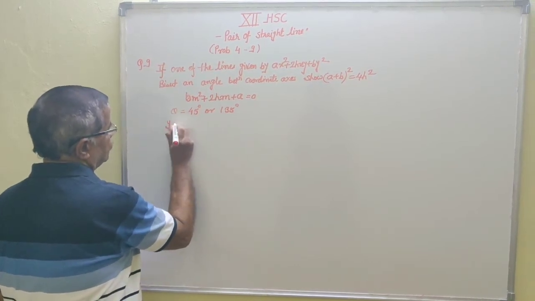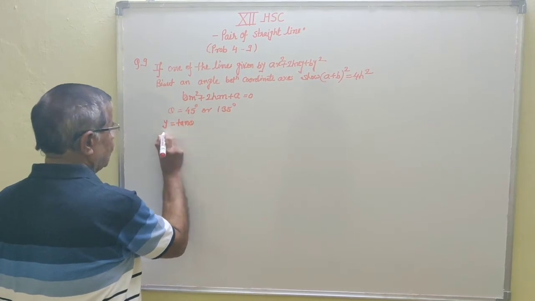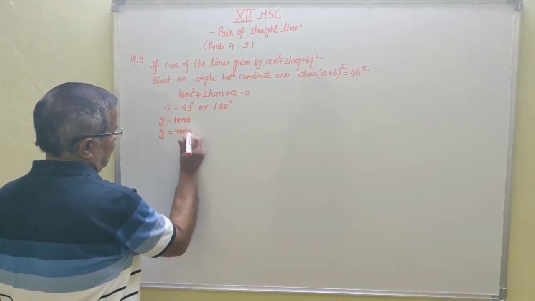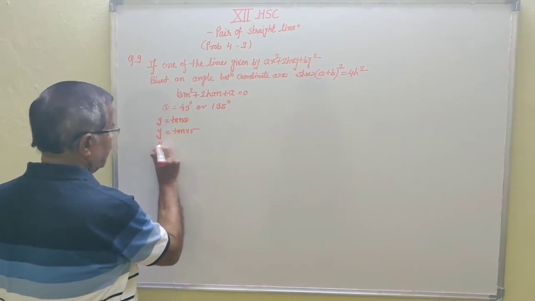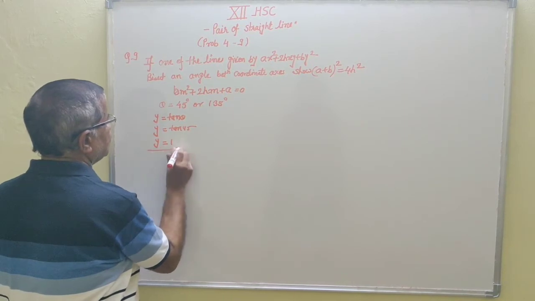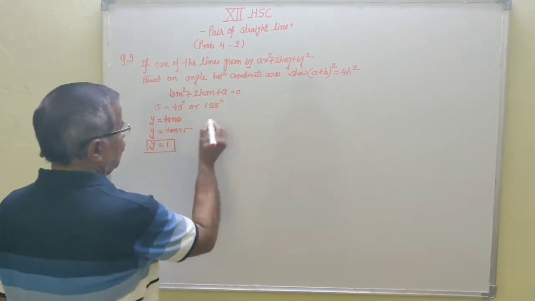The slope is tan theta. What is the value of tan 45? I already told you tan 45 is 1, therefore the slope is 1. Now what is the value of the second?